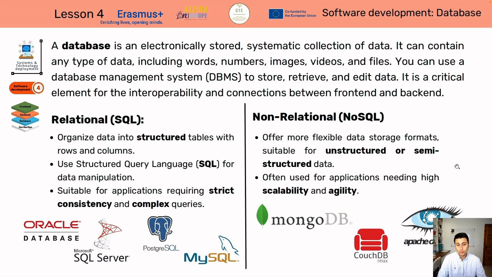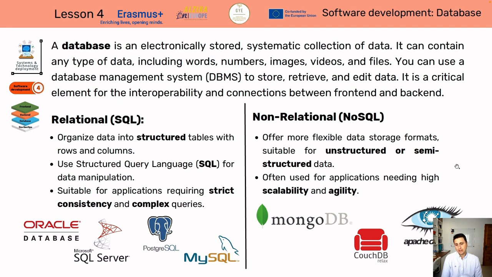And regarding non-relational NoSQL, one of the trendiest or most used now is MongoDB, also CouchDB, and then we have Apache Cassandra. A non-relational database is more flexible and it can process unstructured or semi-structured data.